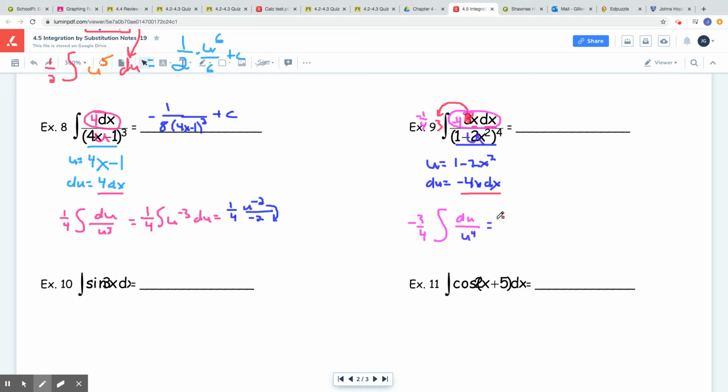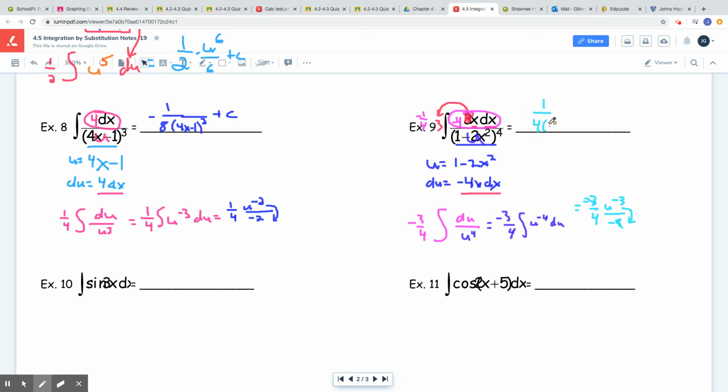Once we get to this point, I can rewrite this as negative 3/4 integral of u to the negative 4th du. All right. And then I go ahead and integrate this, negative 3 over 4 u to the negative 3rd over negative 3. Well, look at this. Cancel, cancel. This just goes to the bottom, and I get 1 over 4.